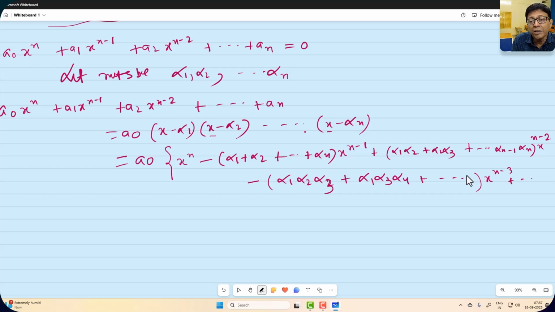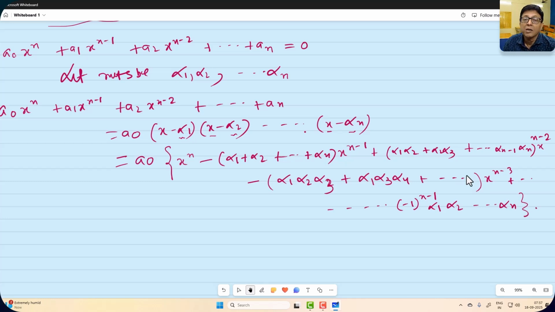We will not continue. We will just write minus 1 to the power n. Now all these constant terms are multiplied, then it will be alpha 1, alpha 2 up to alpha n.